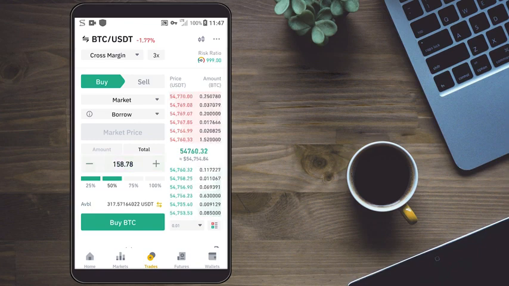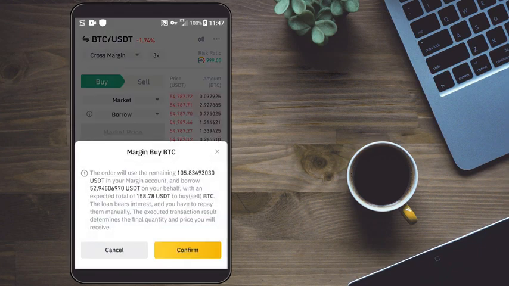If we touch buy BTC, it tells us that the order is using 105 USDT, which was our available USDT, if you remember what we transferred here. And the system is borrowing 52 USDT on our behalf, which becomes 158, the amount we just entered to buy Bitcoin. It also reminds us that for this loan, we must pay interest and we must repay manually.